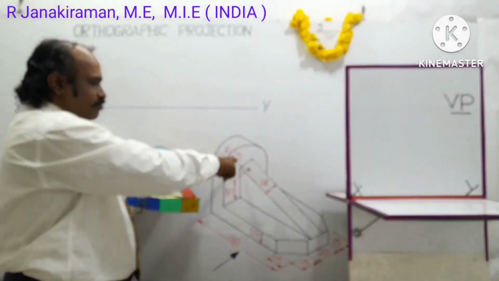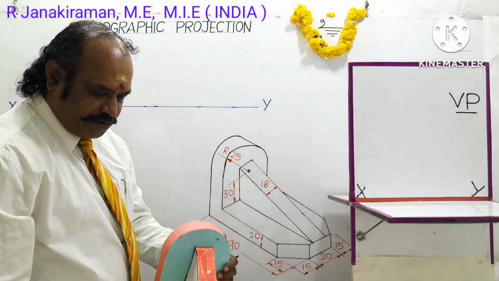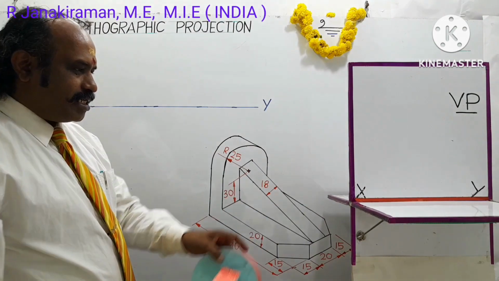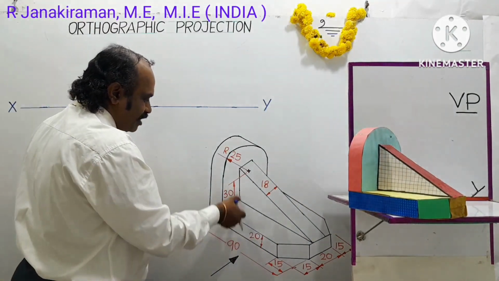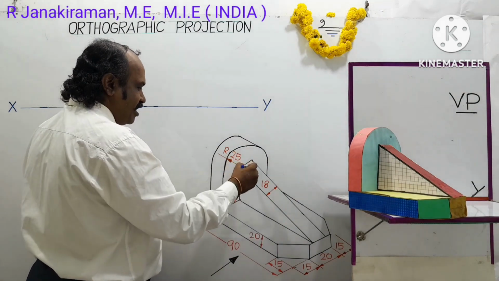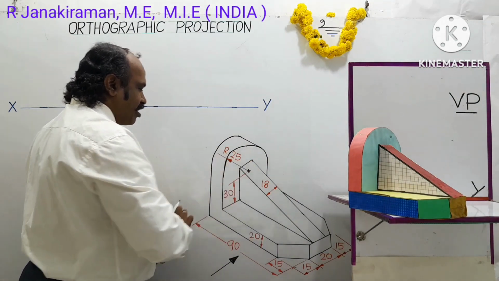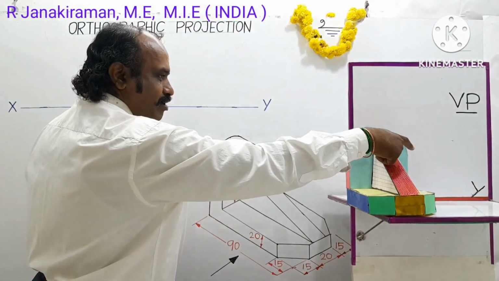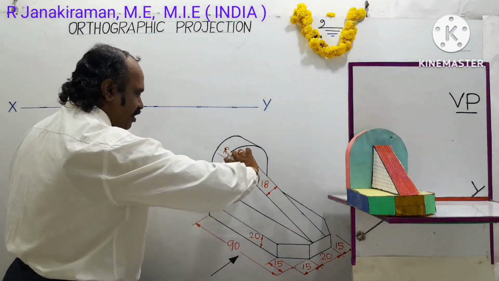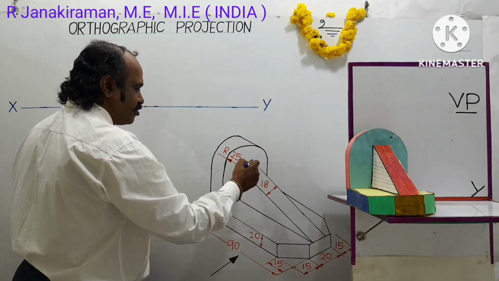Arc radius is given as 25 mm. So for better understanding, consider base thickness plus 30 plus 25. This is an arc of semicircular shape, so the radius will be constant throughout the semicircle.